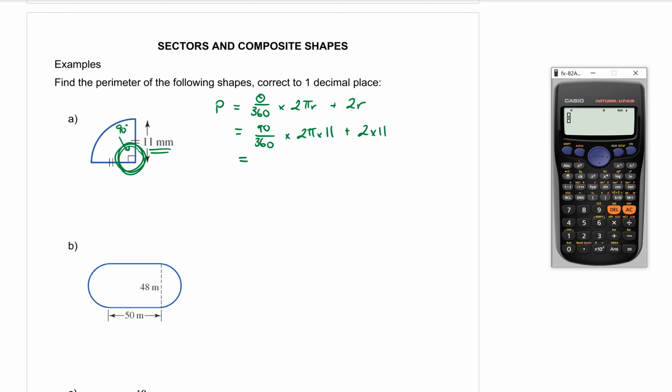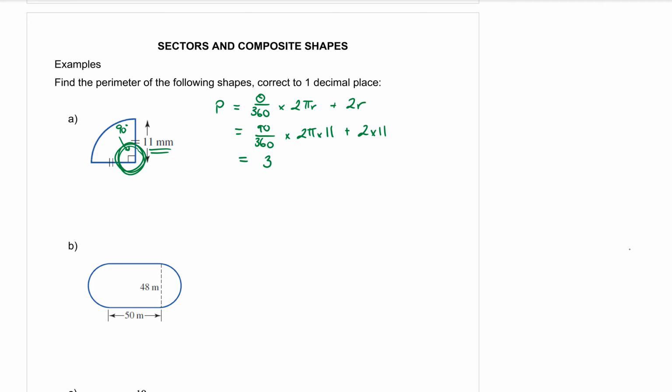So using the fraction button, 90 over 360 times 2 pi times 11 plus 2 times 11. Okay, so we're doing one decimal place, which means we want the 0.2, but because there's a 7 after the 2, we need to round that up to be a 3. So 39.3 millimeters.